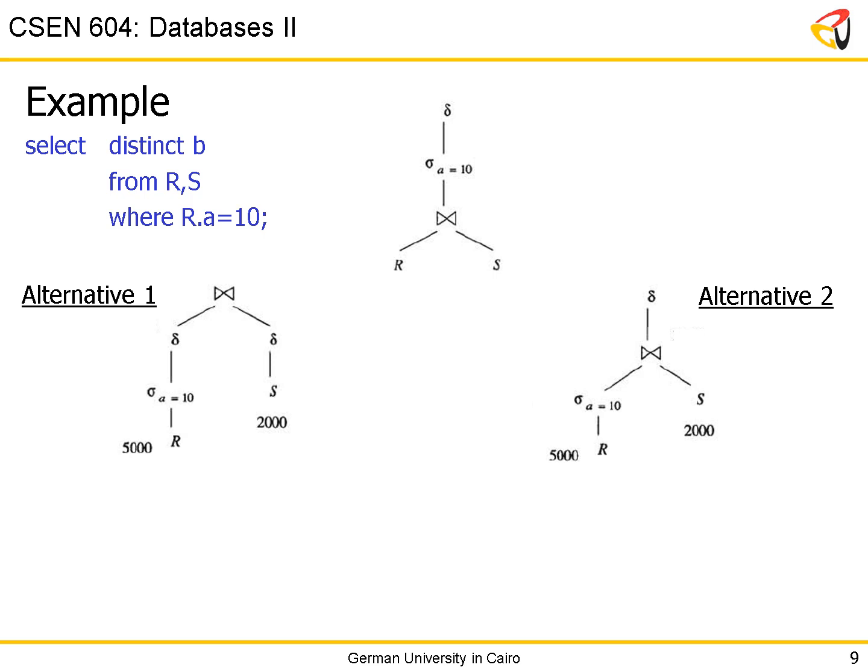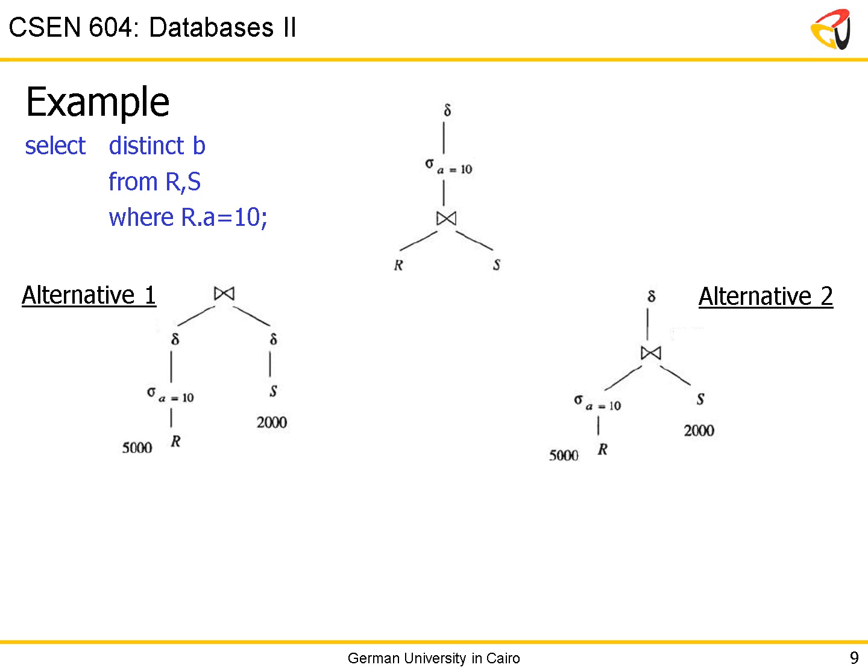Or I could do the same thing for R, do the select with a equal to 10, then join with S, and then postpone the distinct operator to the next level. So here's one alternative, here's a second alternative.